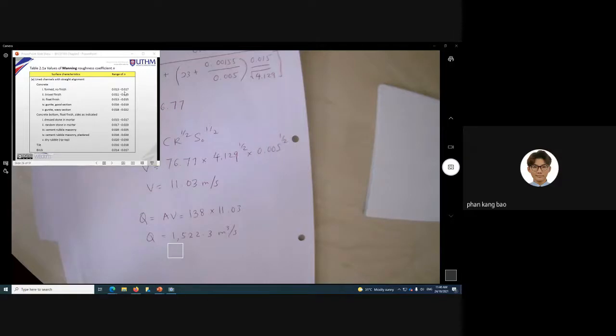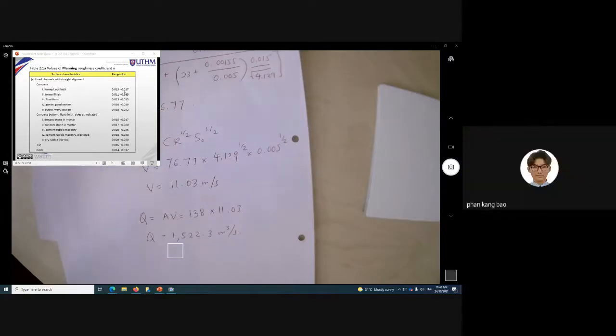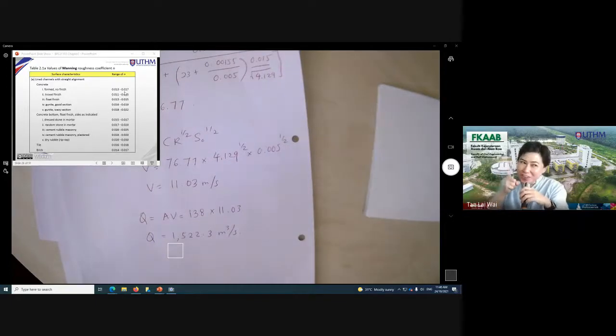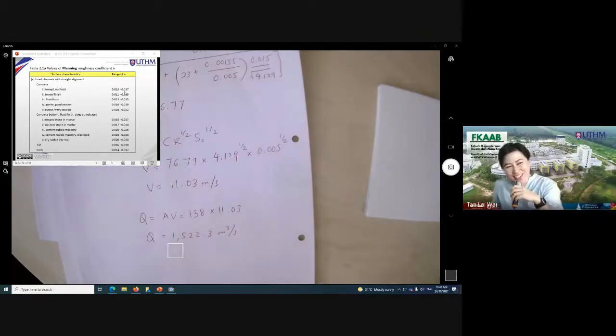I will get the bigger value. Why? Because with the largest Manning N, you get smaller velocity. If you use 0.013, you get higher velocity.